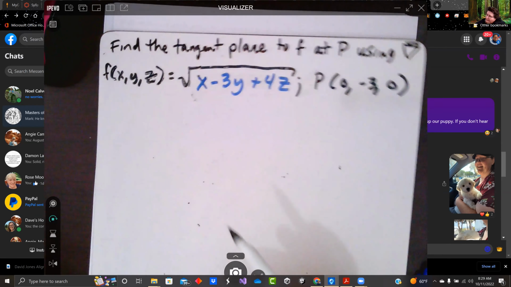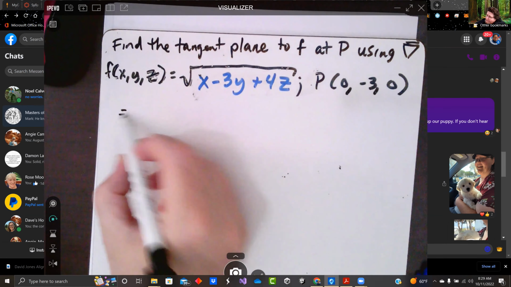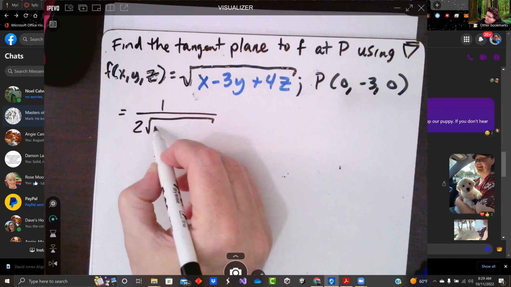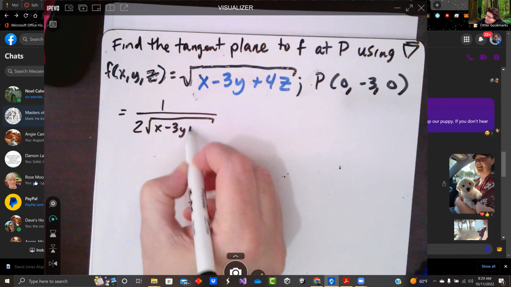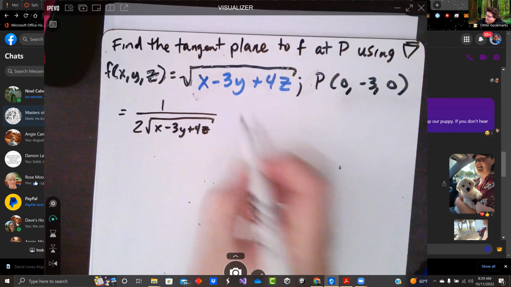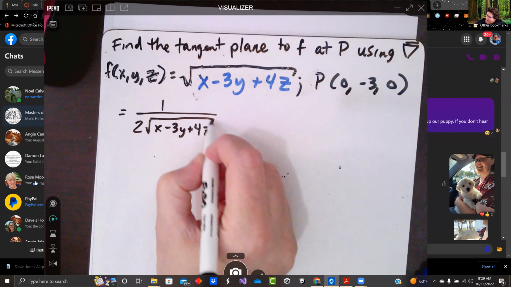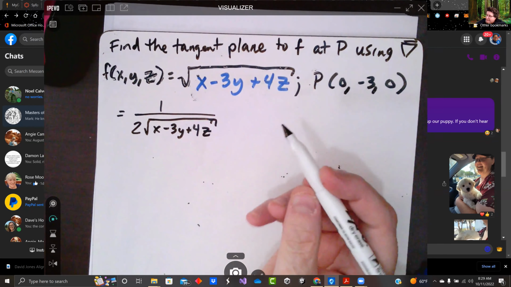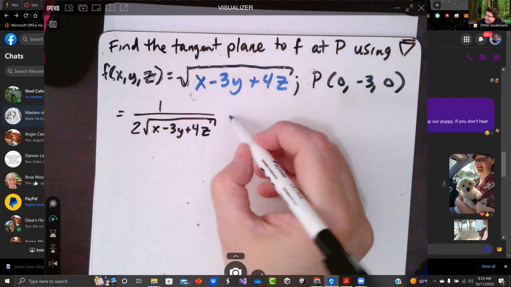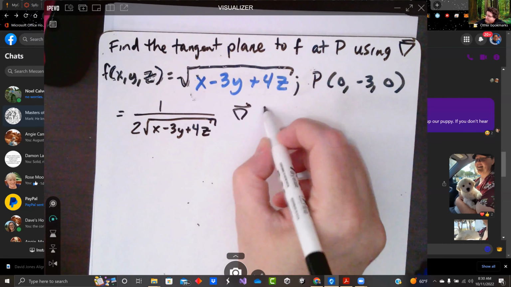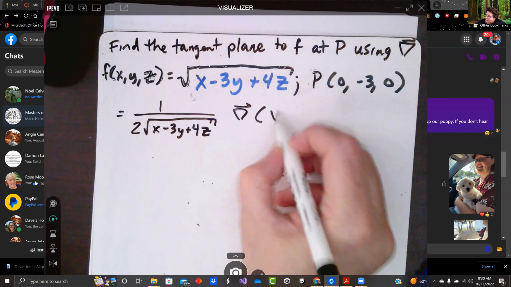Hopefully you guys have recognized that all of them start off with doing 1/2 plus 4z. And then the only thing that really changes is what happens in here. You've got to do the gradient of x minus, it's like the chain rule.